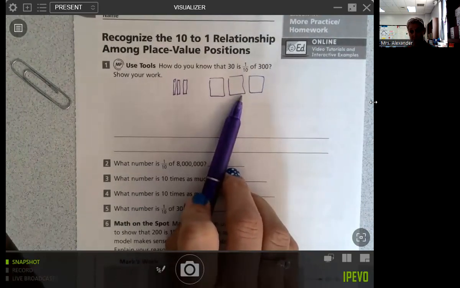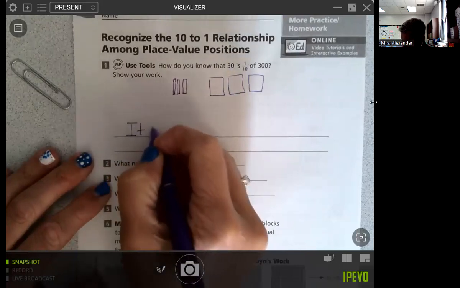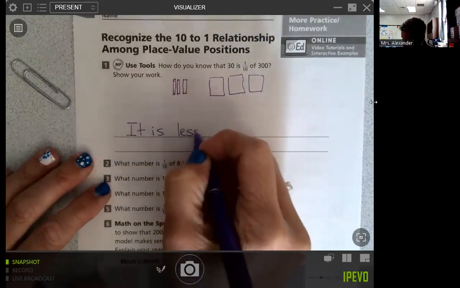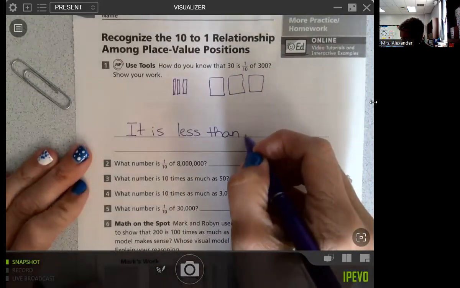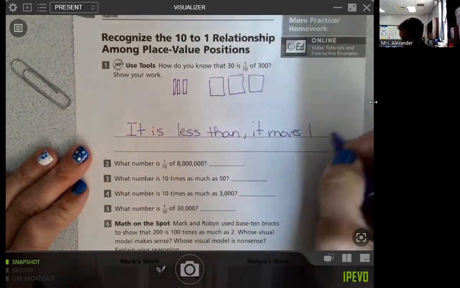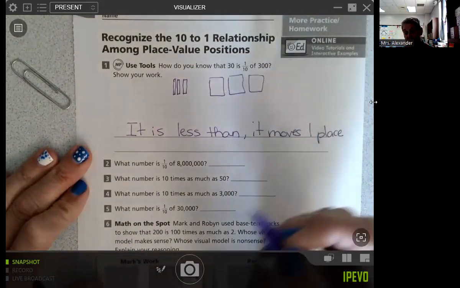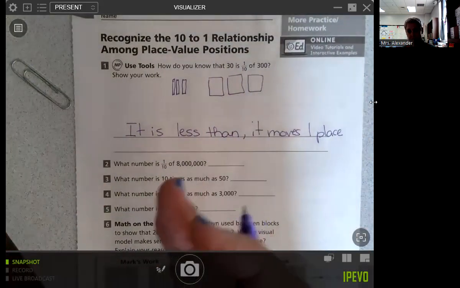There are a couple of things we could put here. 30 is less than 300. It moves one place. Which direction on our place value chart from 30 to 300?